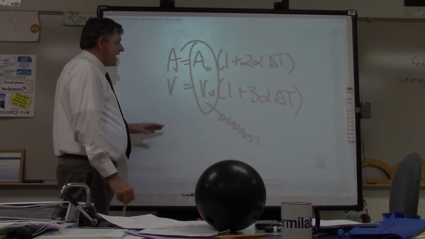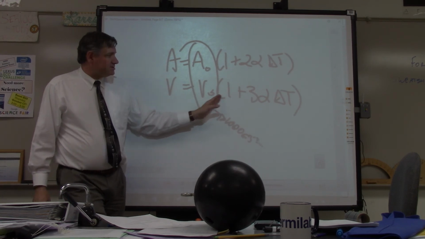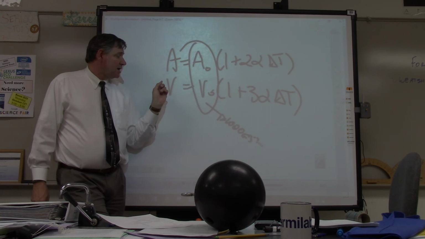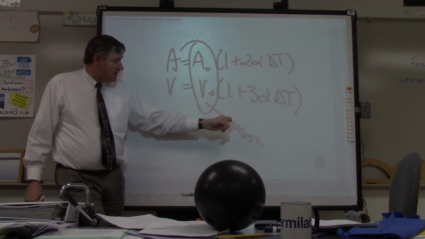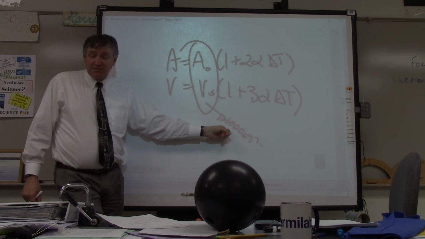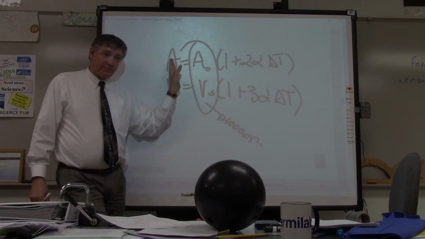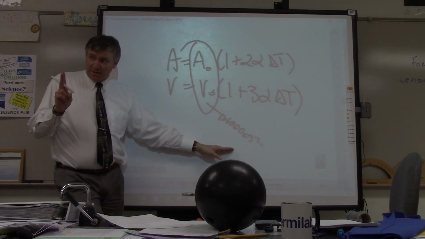If the question asks for the new volume, you plug this in and find the new volume. But if it asks for the change in volume, you'd have to take this number minus that initial number. So you have to be careful with these thermal expansion problems. Are they asking for the new volume or are they asking for the change? That's one thing you have to watch out for.